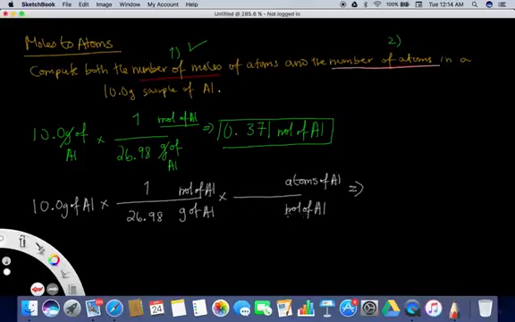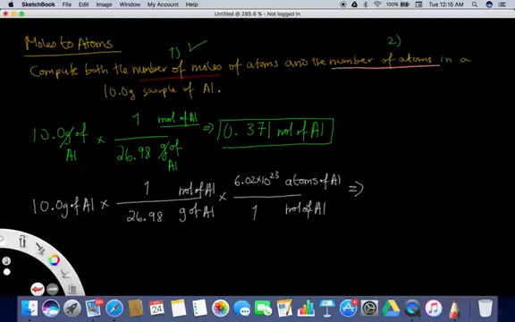So what conversion factor can we use here? Well, keep in mind, probably the most important conversion factor you'll have in all of chemistry is Avogadro's number. Avogadro's number states that 1 mole is equal to 6.02 times 10 to the power of 23 molecules or atoms of whatever the substance is that you're concentrating on. So we know that 1 mole will be equal to 6.02 times 10 to the power of 23 atoms of aluminum.